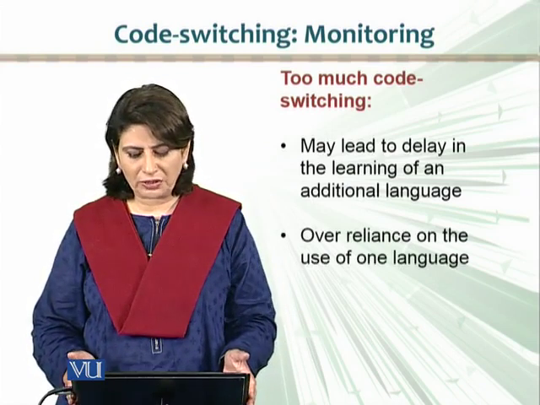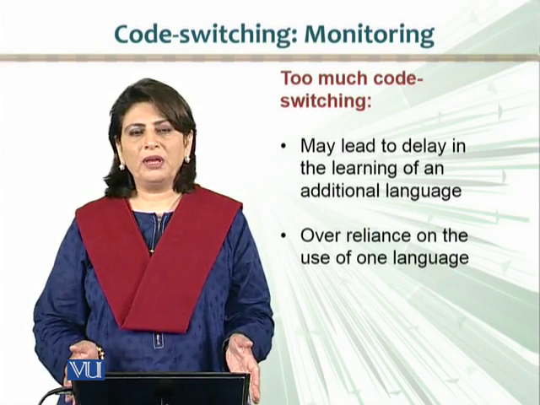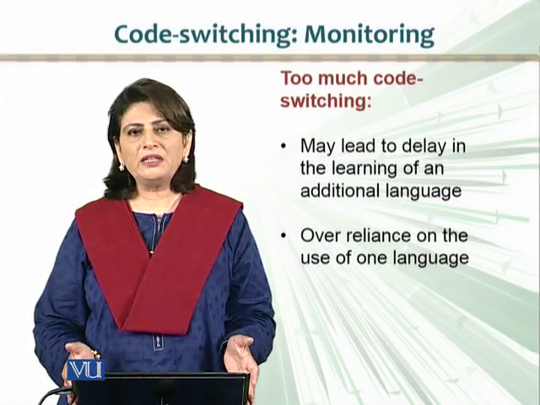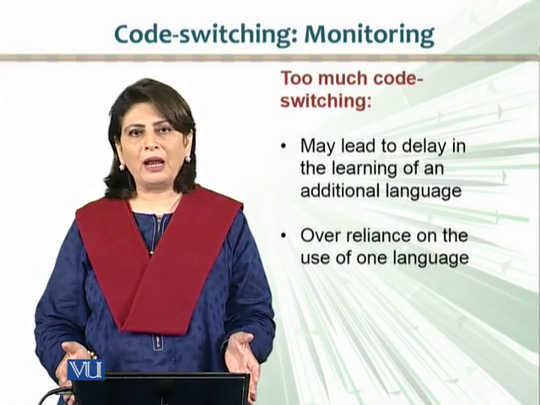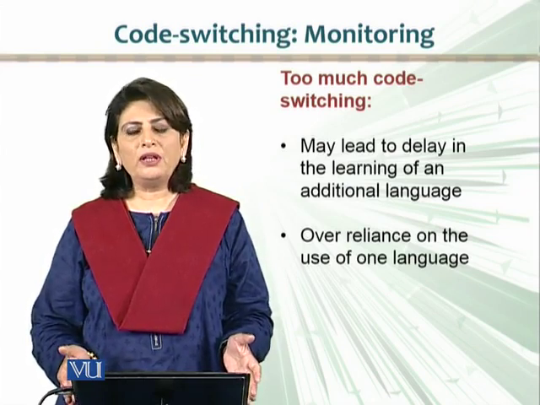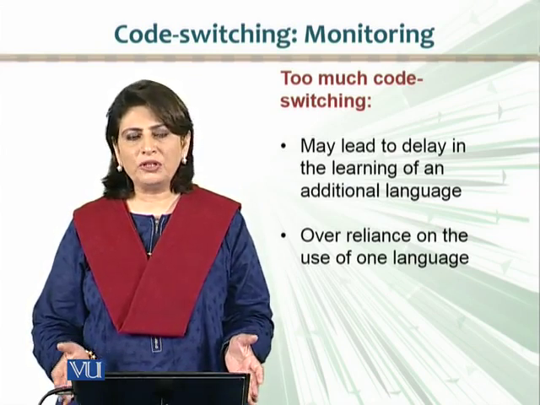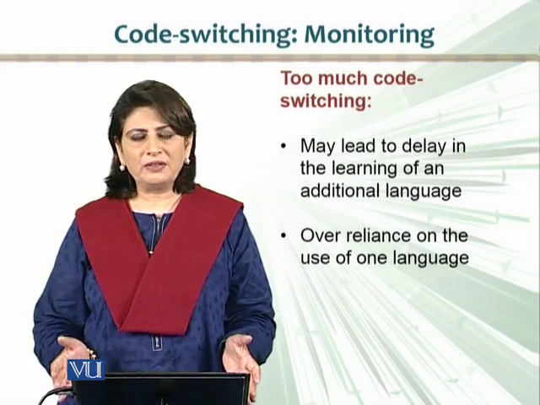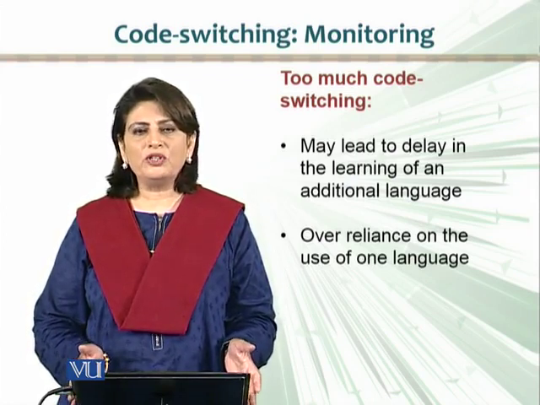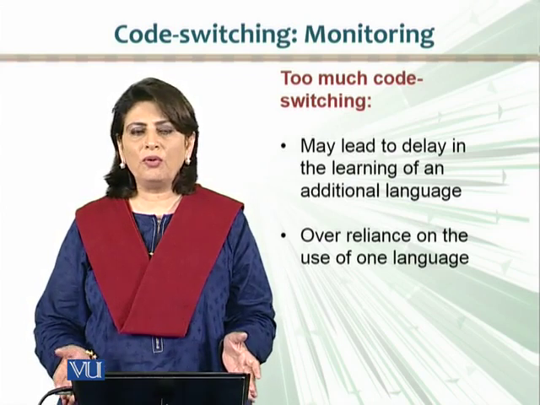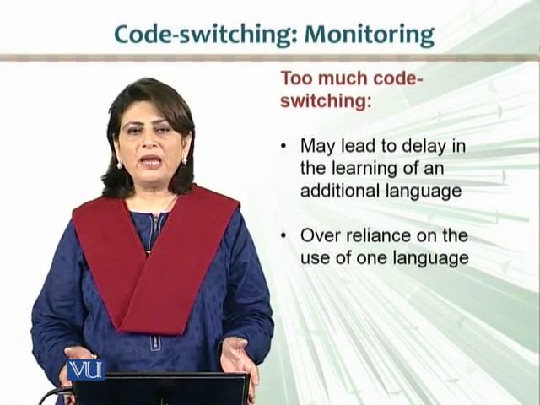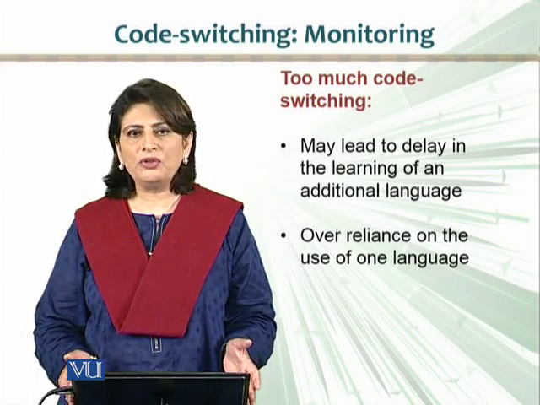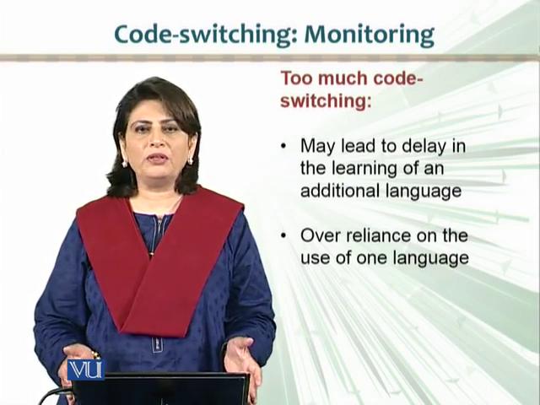The other problem is that if too much code switching is used, then there might occur what we call an over-reliance on one language. For instance, if you are teaching social studies, for example, or mathematics, for example, in one subject, that is English language, and you're constantly code switching in Urdu language, then your reliance on Urdu language might increase to the extent that to understand the textbook, you're constantly depending on the translation.